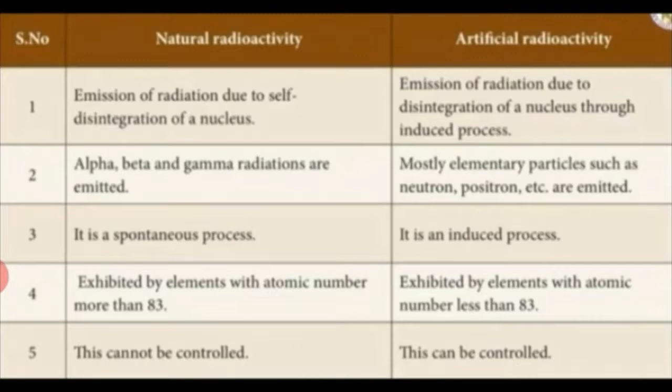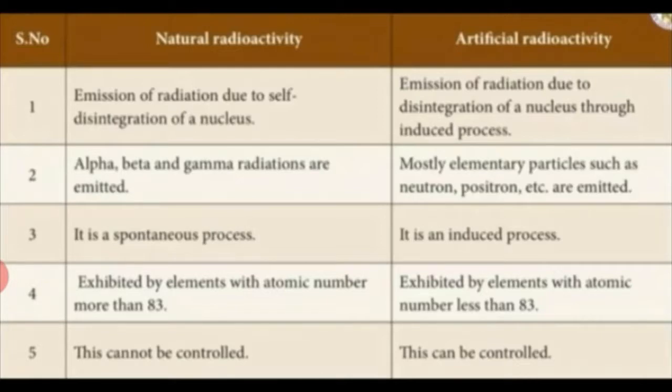Second, in natural radioactivity, alpha, beta and gamma radiations are emitted. For artificial, mostly elementary particles such as neutron, positron, etc. are emitted. Natural radioactivity is a spontaneous process. For artificial, it is an induced process.